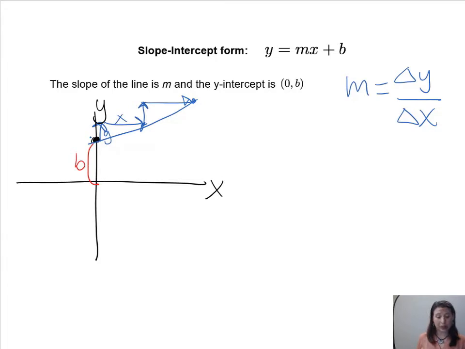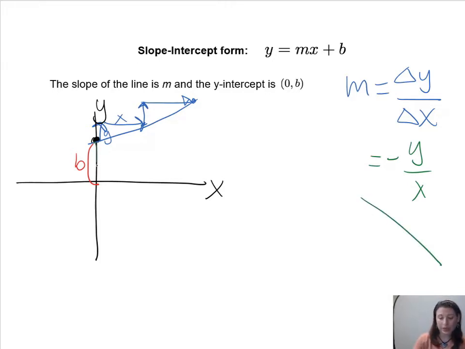Then technically we could also sometimes have a negative slope. If our slope is negative, that means you only go negative in one direction. You pick one, basically. Either go down y or go left x, because negative lines are like this, right?